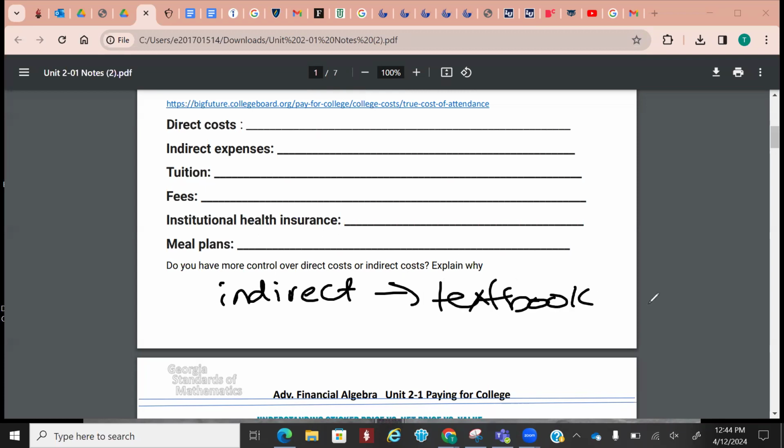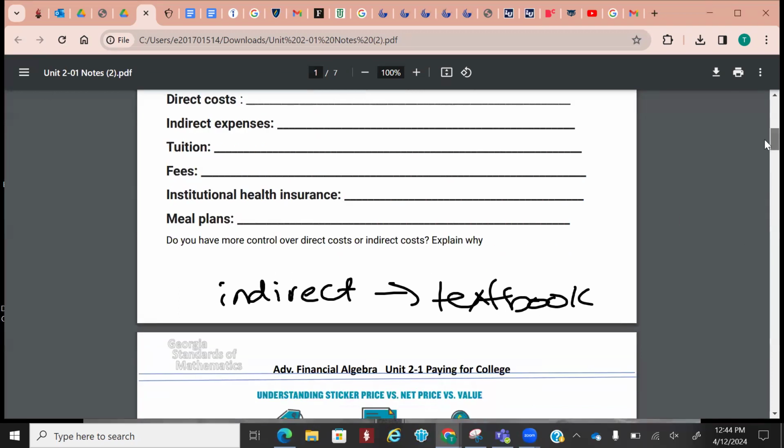So when you go to college, you buy textbooks. They don't give them to you. And so you can buy brand new, or you can buy used, which I highly suggest, or you can rent textbooks. So you can vary the price. Transportation, you can drive, you can take public transportation. At UGA, we had a bus pass basically, so we could use the transportation for free. So I didn't have to drive all the time.